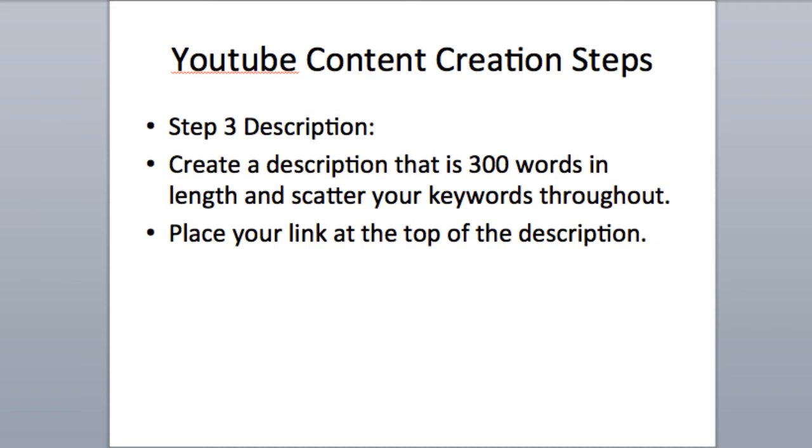Sometimes it's also helpful to put a Google phone number up there, and even link out to some social media if that's what you want to do. It depends on the purpose of the content, but you want to place your link at the top of the description, because this is where people will see the link right away, and they don't have to necessarily click show more.